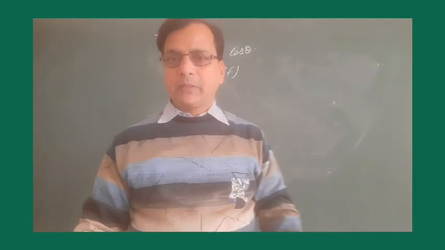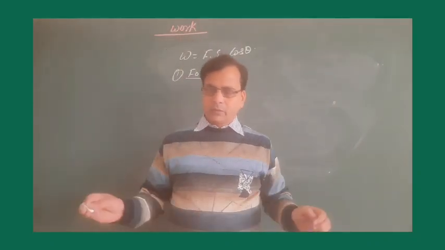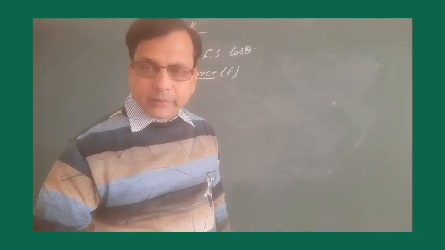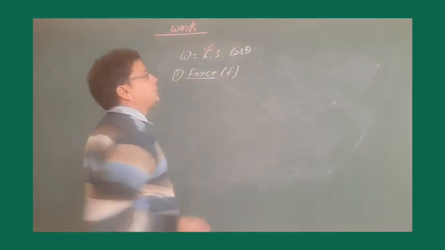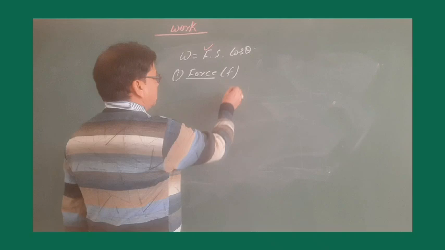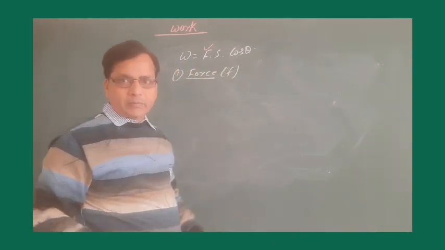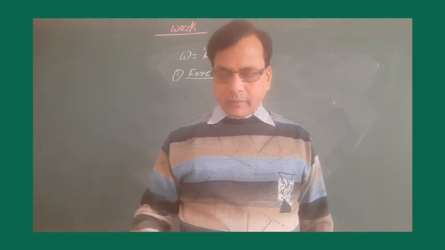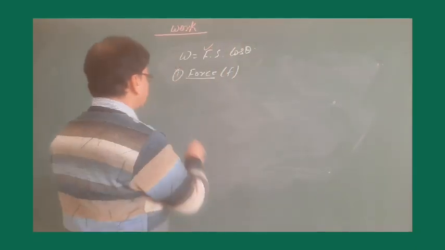Directly proportional means if one quantity increases, the other quantity also increases by the same amount. So work done is maximum when the force is maximum, because force and work done are directly proportional to each other.